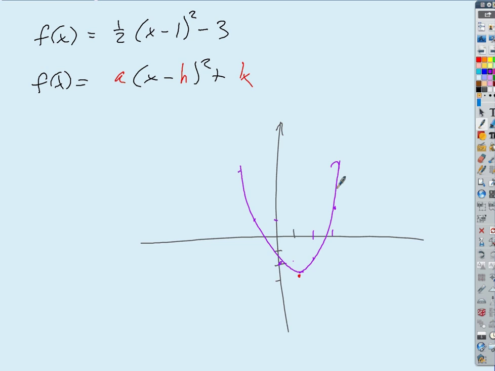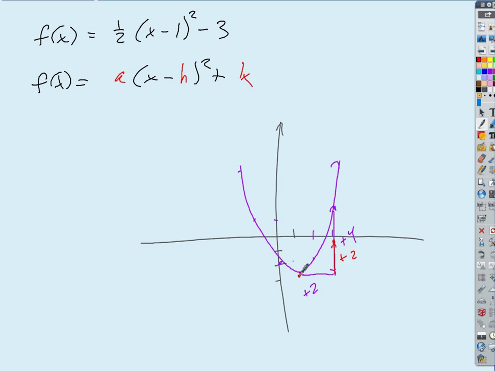Now when I multiply this by 1/2, what's going to be the most convenient point to squish down so it's only half as tall? Perfect squares. Wouldn't it be the one that I went over by 2 and up by 4? Because 4 times 1/2 is 2, right? So we're going to go over 2 and only up 2.